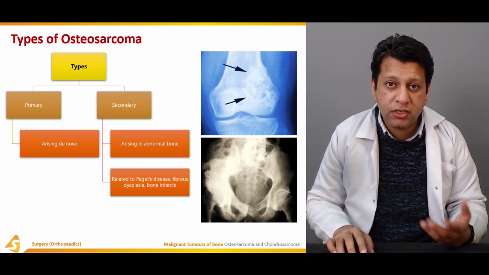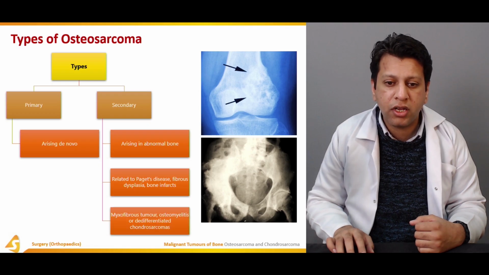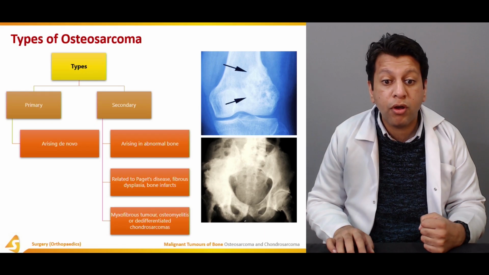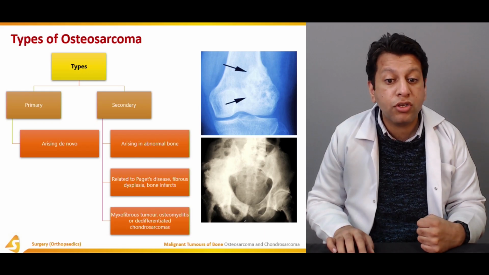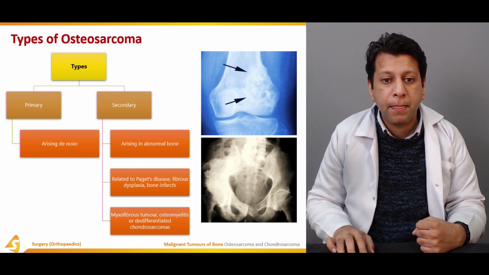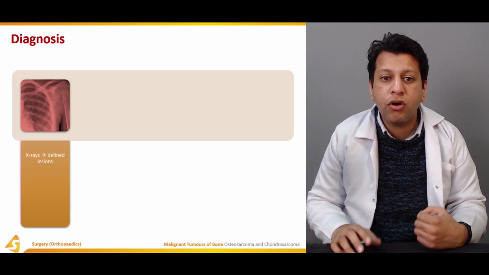As I just told you, it is secondary to Paget's disease and radiotherapy. Other associations with secondary osteosarcoma include myxofibrous tumor, osteomyelitis, or dedifferentiated chondrosarcoma.